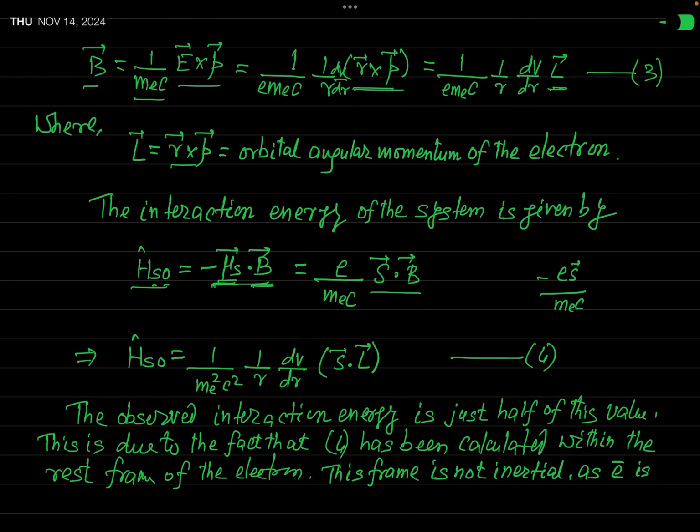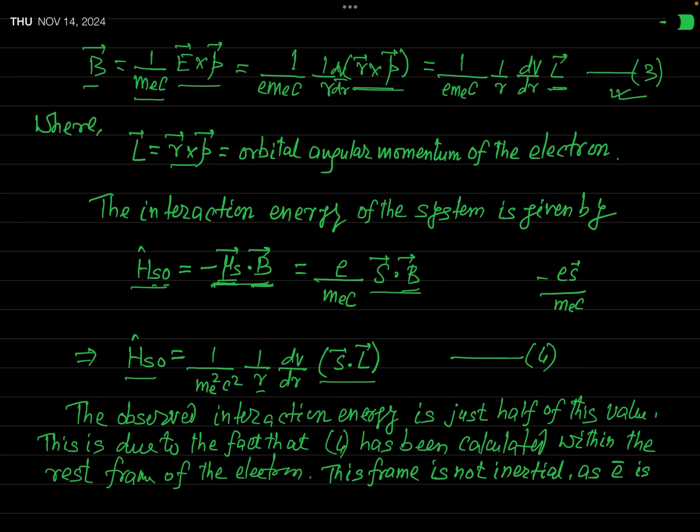But the value of B we have already calculated in this equation 3, considering the rest frame of the electron. So when you substitute the value of B obtained in this equation 3, then this H_SO is given as 1 over m_e squared c squared times 1 over r dV by dr times S dot L. Okay, times S dot L.